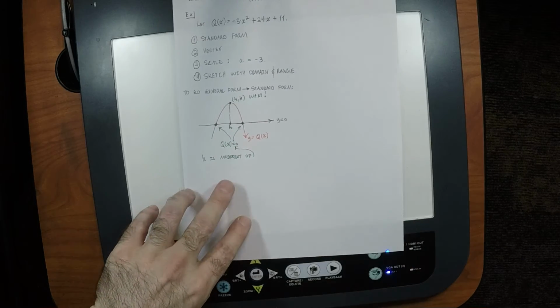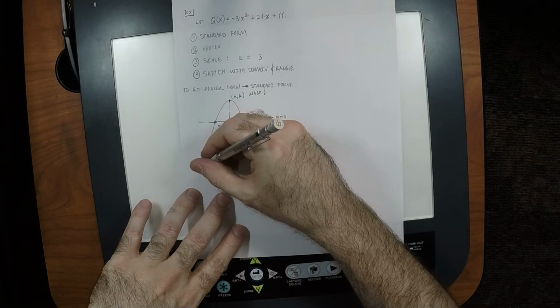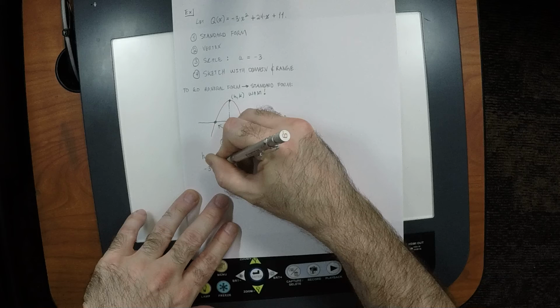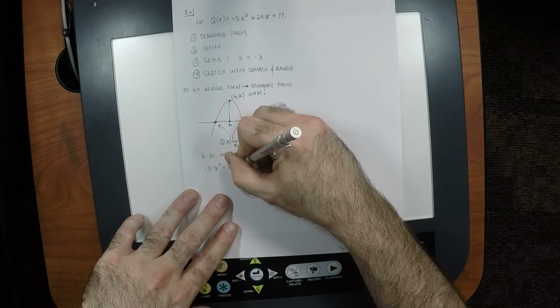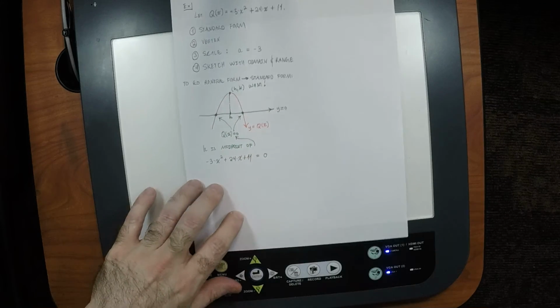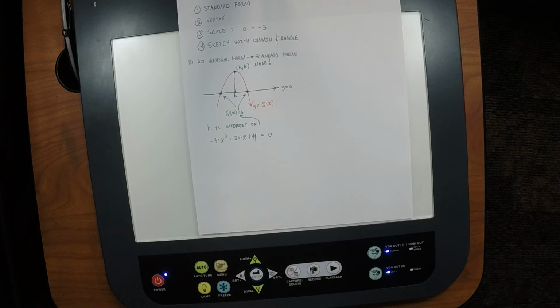Of those 2 points. Well, let's look at that equation that it would be so great if we could solve. The equation is negative 3x squared plus 24x plus 11 is equal to 0. And then, oh, hey, that's a quadratic equation.